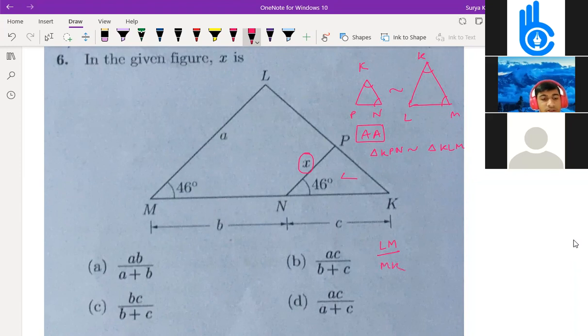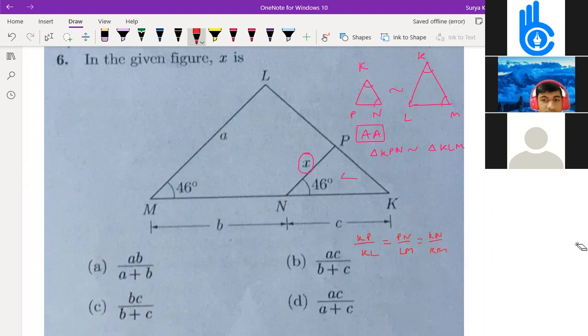If these two triangles are similar, you can write KP by KL is equal to PN by LM is equal to KN by KM, right?